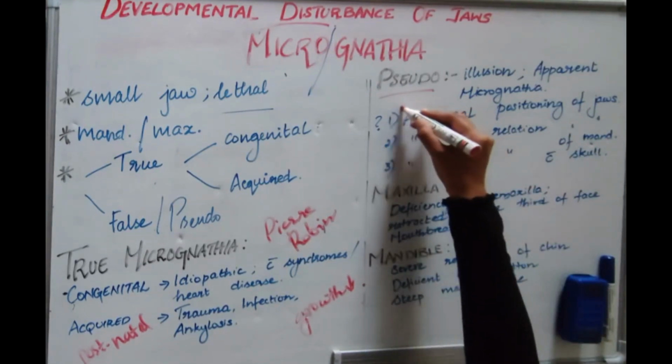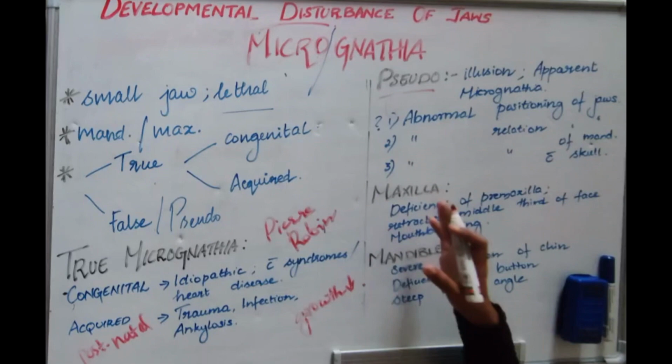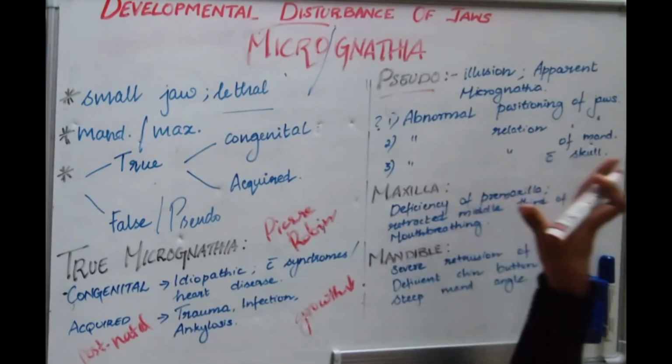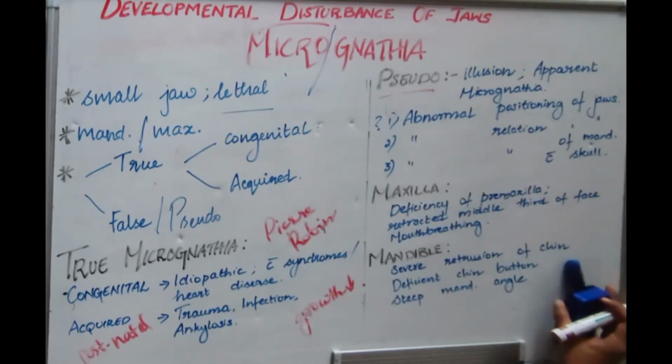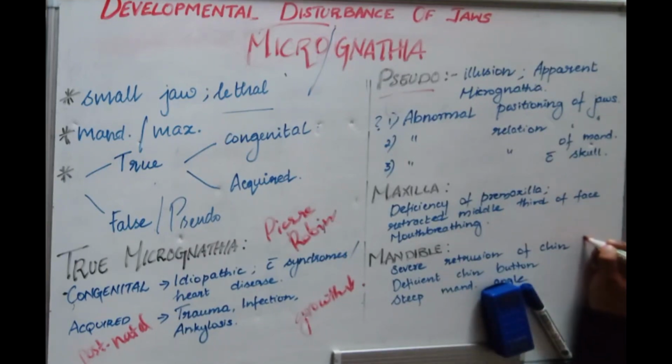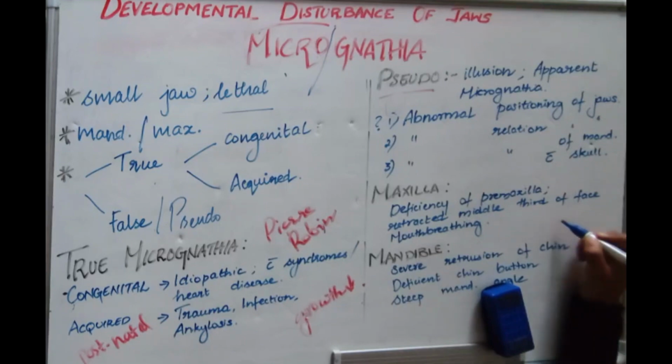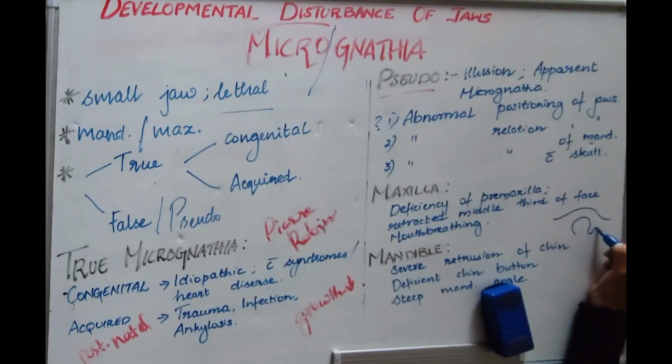It is mainly due to three reasons. First is the abnormal positioning of the jaws. Next is the abnormal relationship of the jaws. And third is the abnormal relationship of the mandible with the skull. That is, imagine this is your skull base. This is the normal position where your mandible will articulate with your skull.